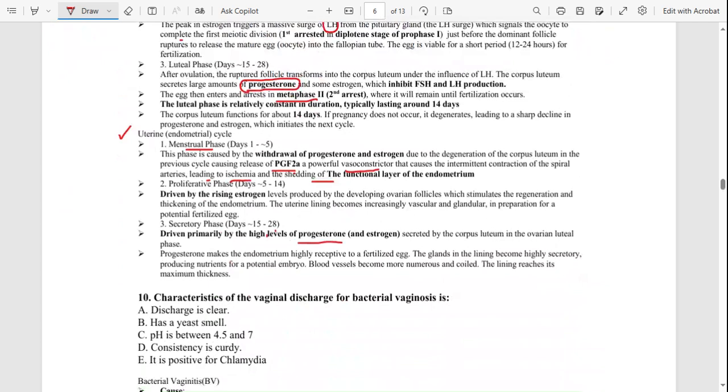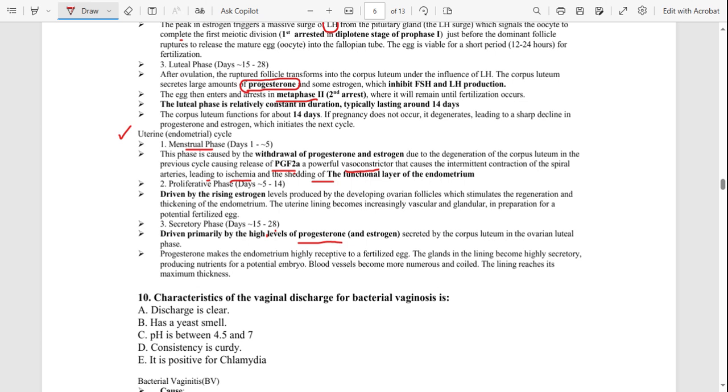Number 10 is saying characteristics of the vaginal discharge for bacterial vaginosis: discharge is clear, pH is between 4.5 to 7, consistency is curdy, it is positive for chlamydia.